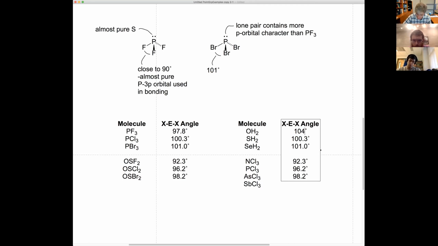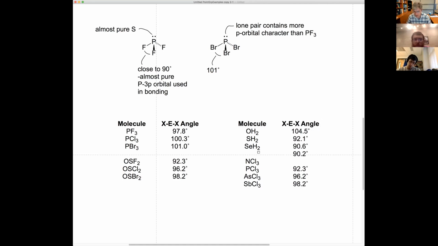So this guy is 104.5. This guy is 92.1. And this is 90.6. And actually, I have the tellurium value here, 90.2.